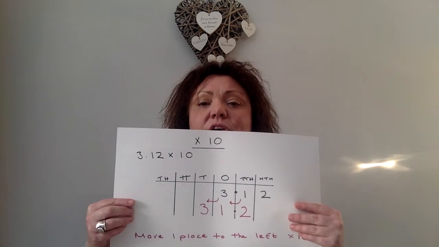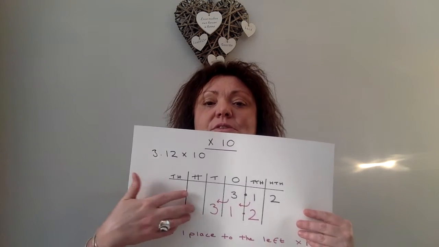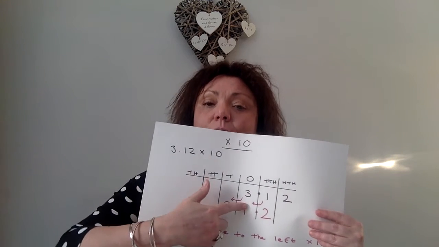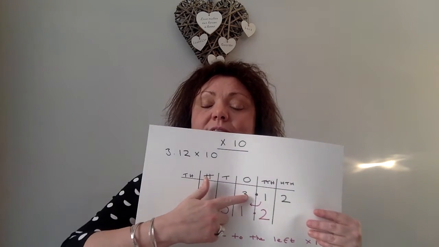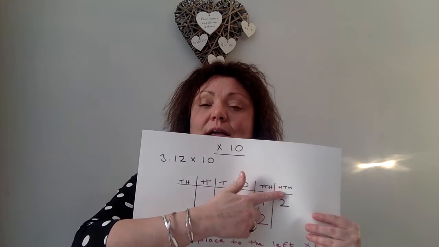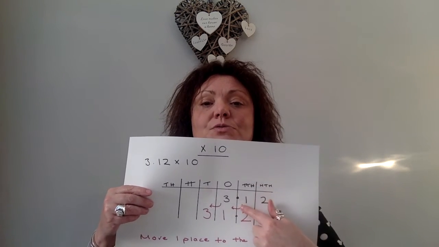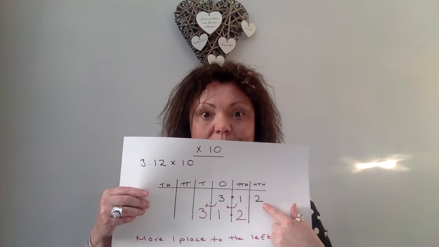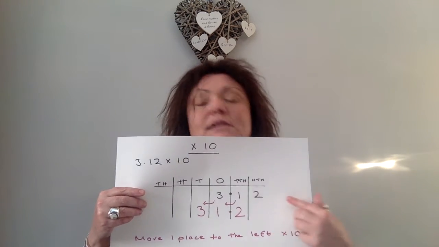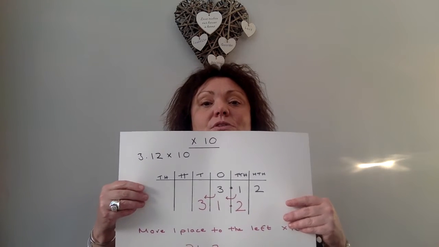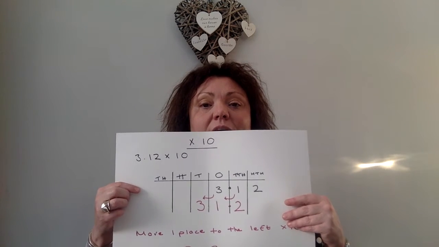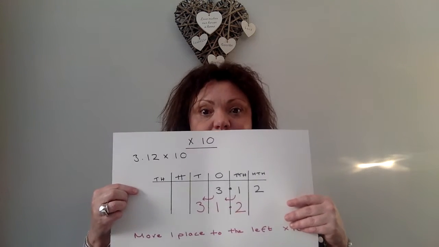And I have got my thousandths, my hundredths, my tens, my ones, my decimal point, and then I've got my tenths and my hundredths, okay? And I've put 3.12 onto my place value chart, all right? And what I'm going to do is multiply it by 10.